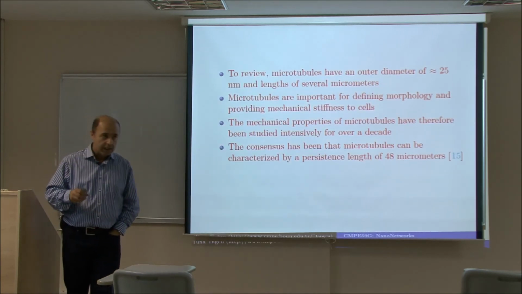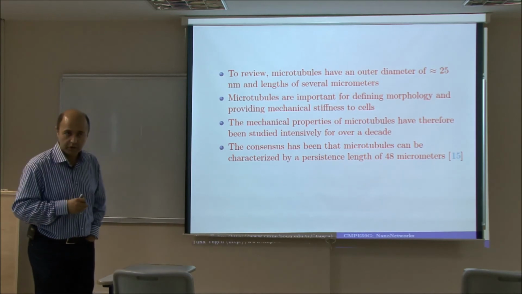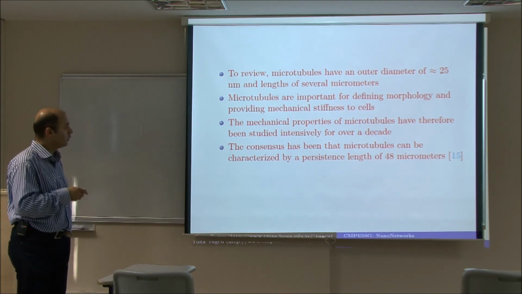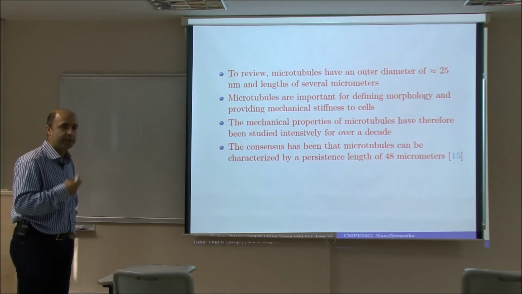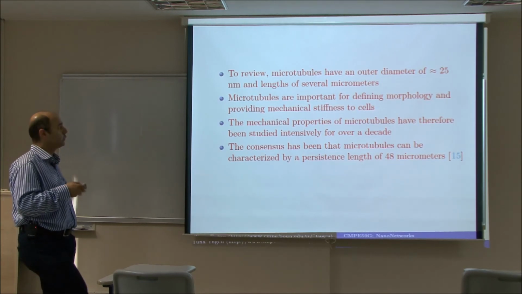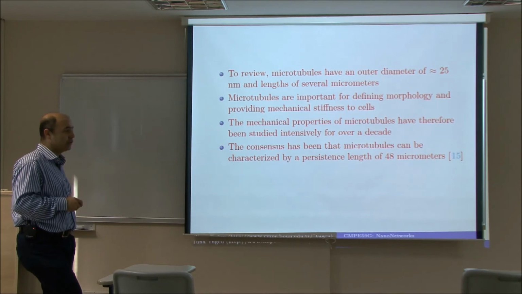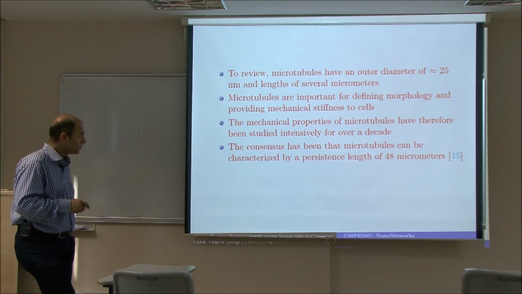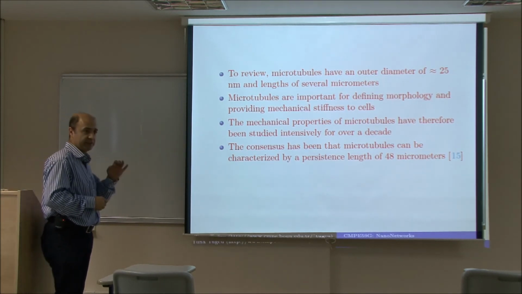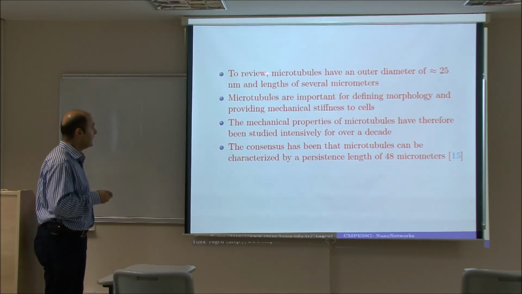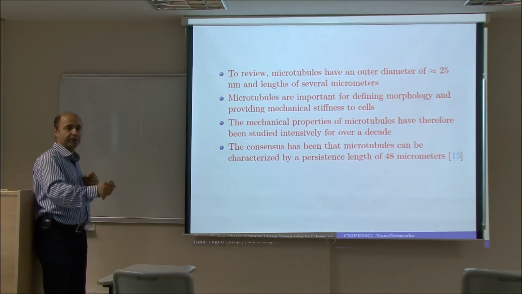So if we have an overlook to what we have discussed and also some more numeric values for you to use if you need to do any simulations in this field, microtubules have an outer diameter of 25 nanometers and lengths of several micrometers.